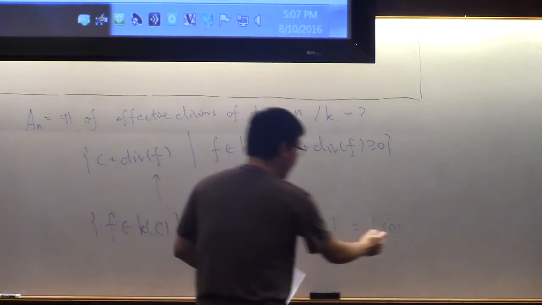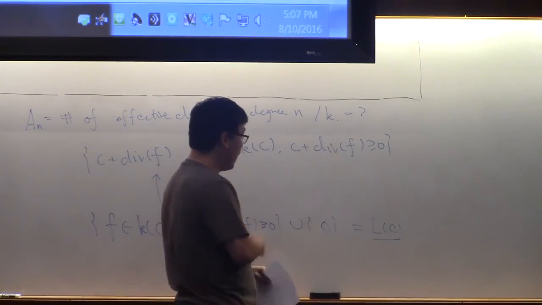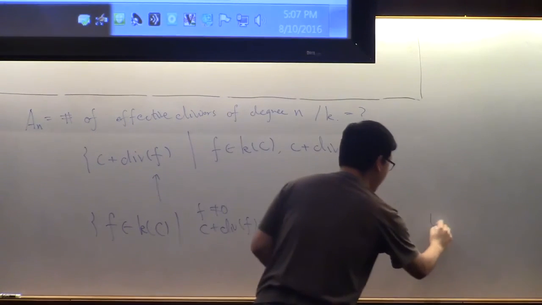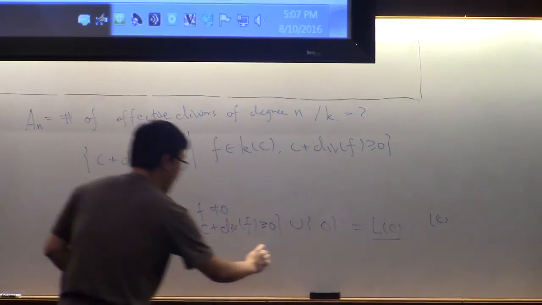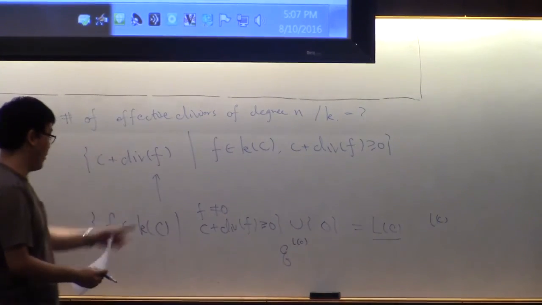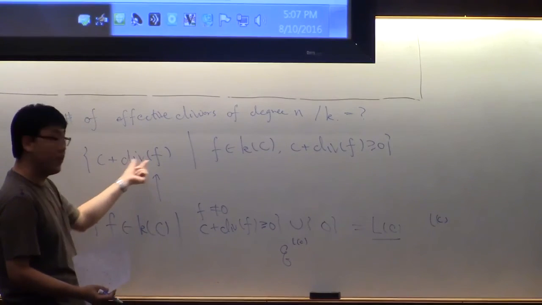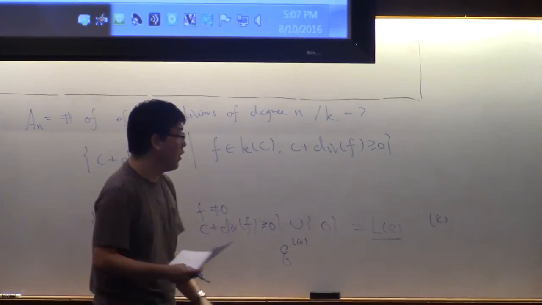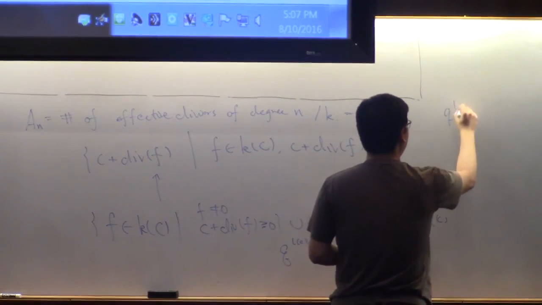But we know that this set is a finite dimensional vector space over K of dimension l(C). Okay? So in total, we have q to the l(C) elements in this set of functions. But when we want to apply this div operation, we need to remove 0. So here we should have q to the l(C) minus 1.